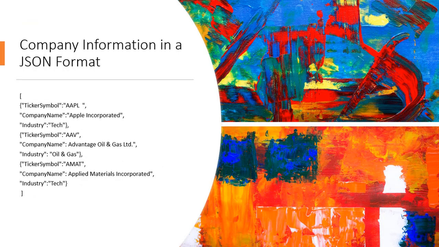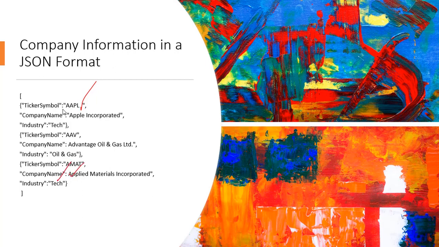Here is some data in JSON format. So here's the ticker symbol Apple. Company name's Apple Incorporated, the industry's tech. Here is Advantage Oil or AAV, Advantage Oil and Gas Limited, industry is oil and gas. AMAT, Applied Materials, and it's tech.